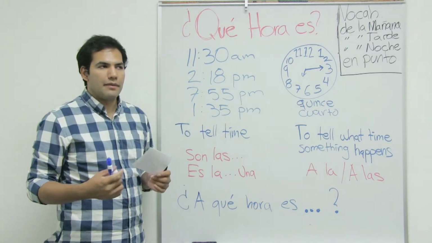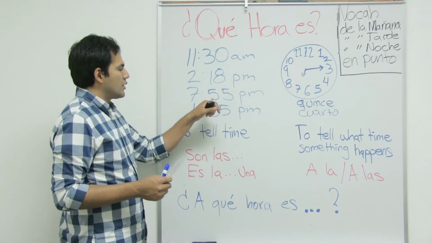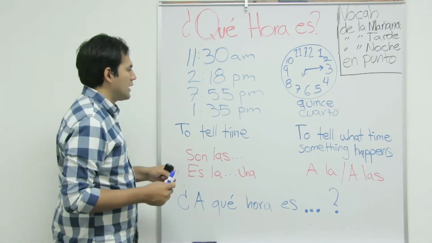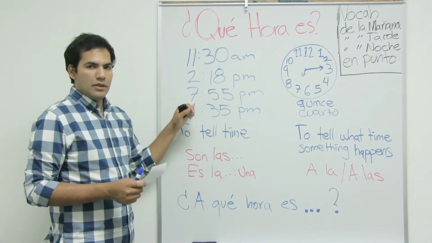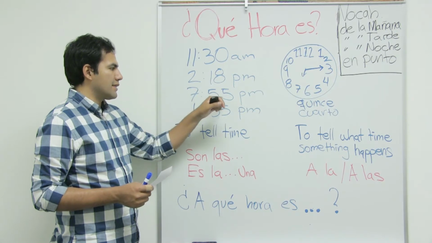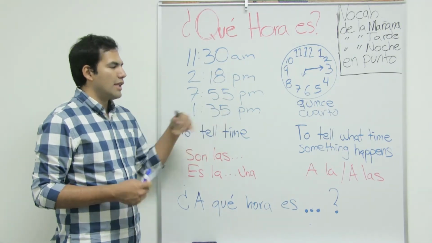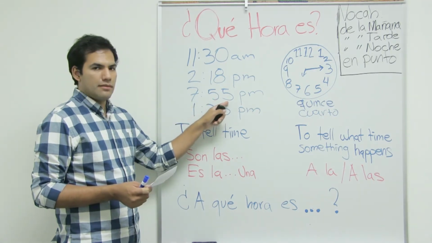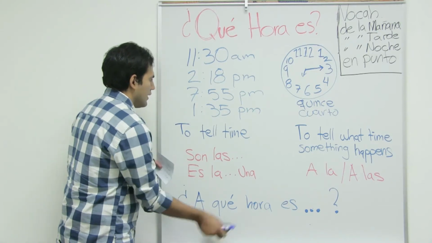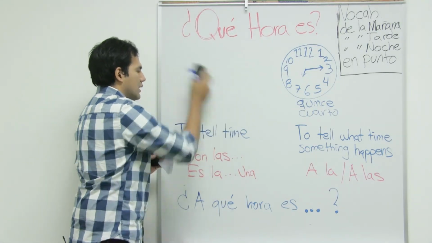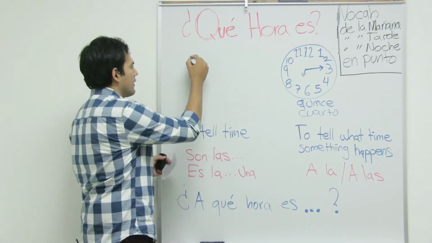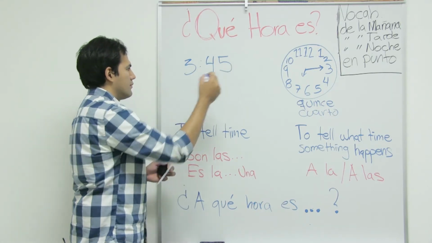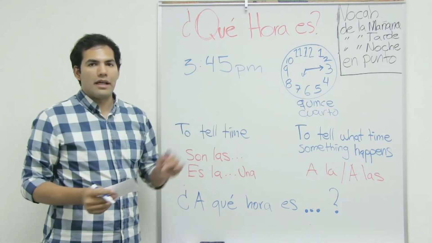Another way to say the time in Spanish is to add to, for example, if you wanted to say 7:55, that's correct, but you can also go to the next hour following 7, in this case 8, minus 5 minutes. So that's another way you can say it. So this one will be 8 menos 5. Okay? Another example of that will be ¿qué hora es?